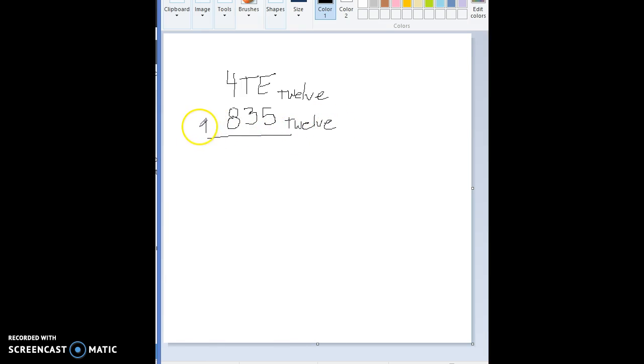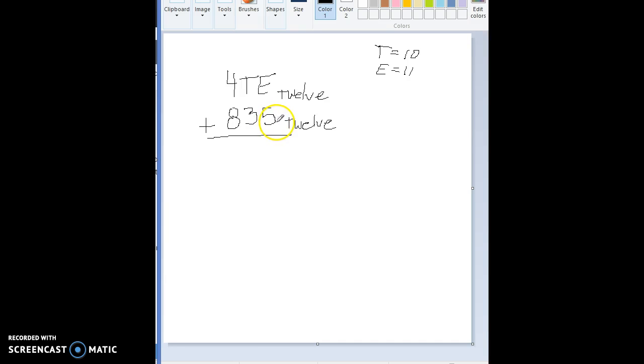All right, so in base 12, we have to remember that t means we have 10, and e means we have 11. And our exchange rate, of course, in base 12 is 12 objects. So we have 11 ones plus 5 ones.